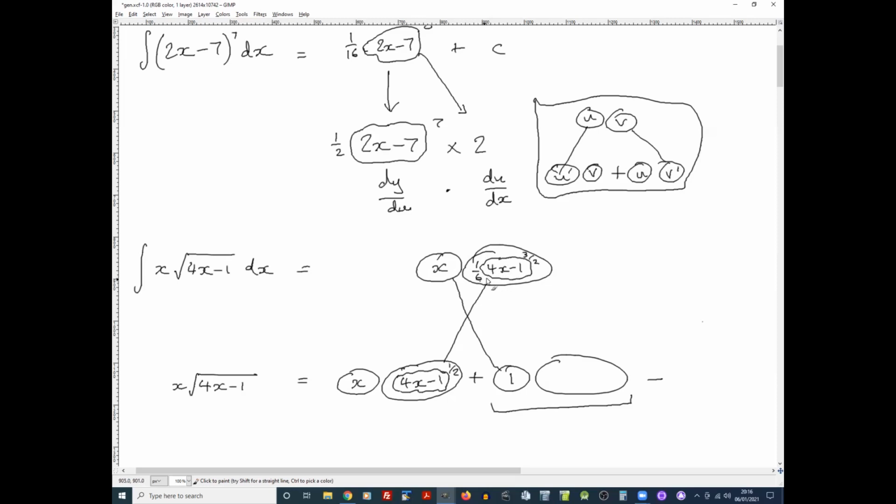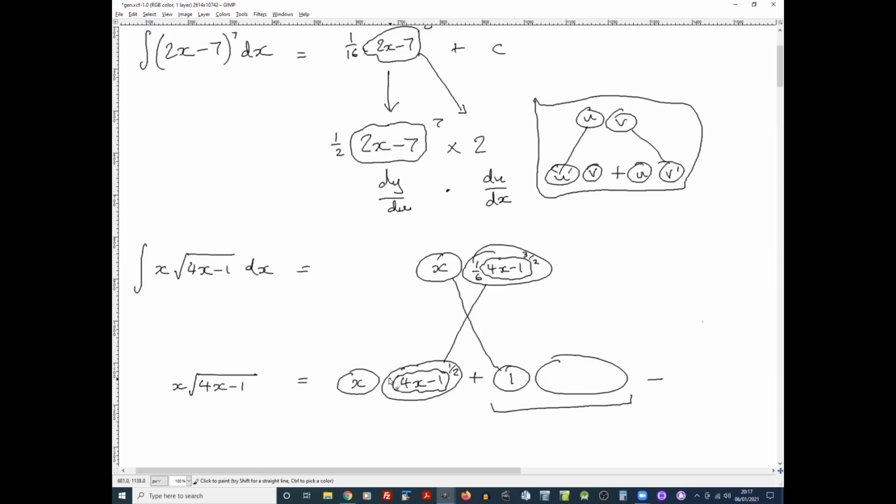Now let's test that by differentiating. What's 3/2 of a 1/6? That's not easy, is it? So a quarter. So we're going to have a quarter blob to the power of a half, because a half is 1 less than 3/2.